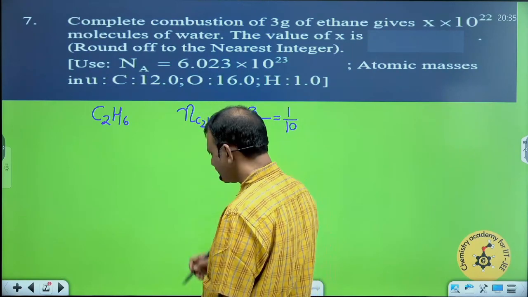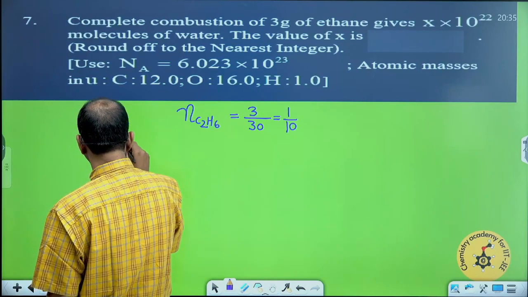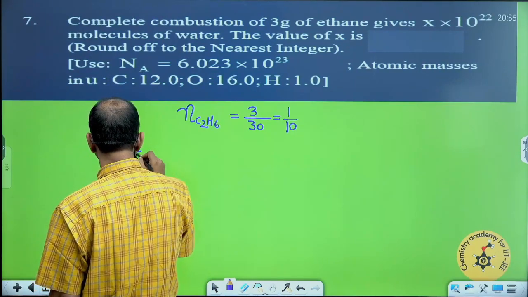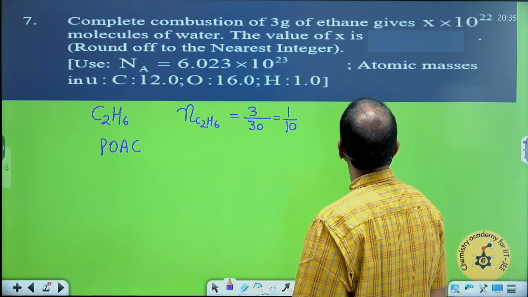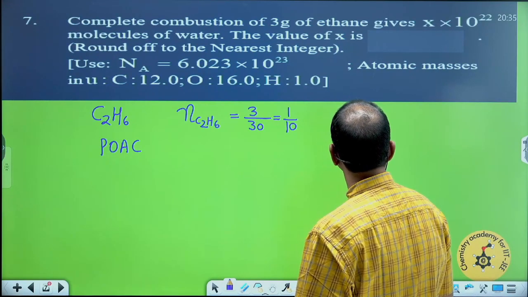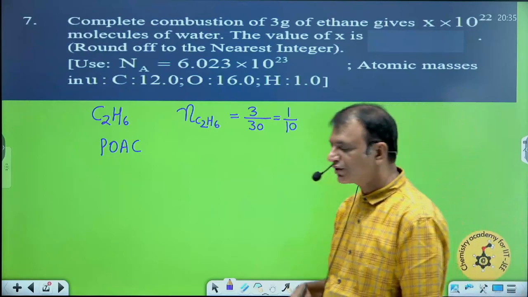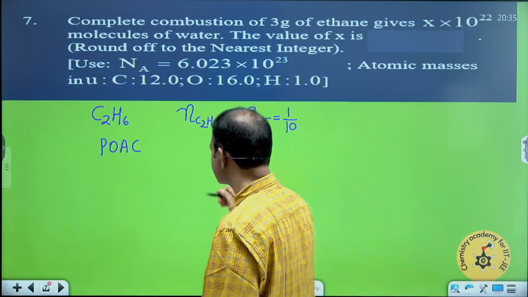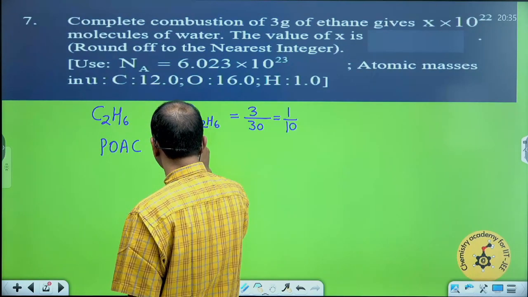And by applying principle of atom conservation on carbon and hydrogen, since they have given the information about water molecule, right? They are asking that on complete combustion of 3 gram of ethane gives this number of molecules of water. So information is given about water. So we are applying principle of atom conservation on hydrogen atom.